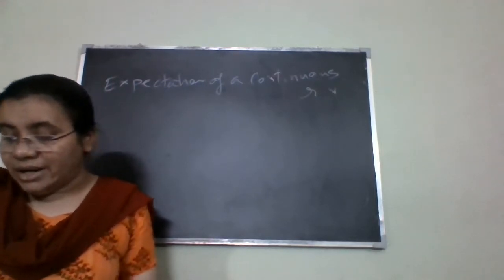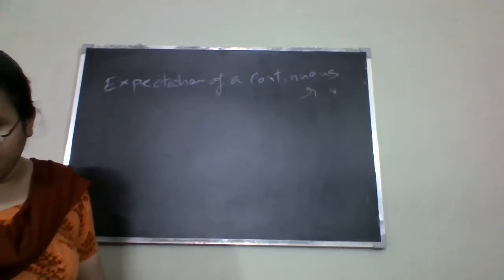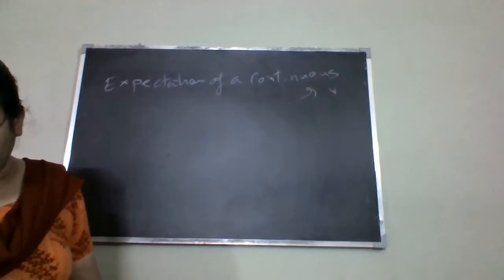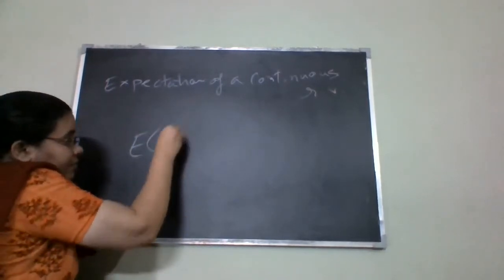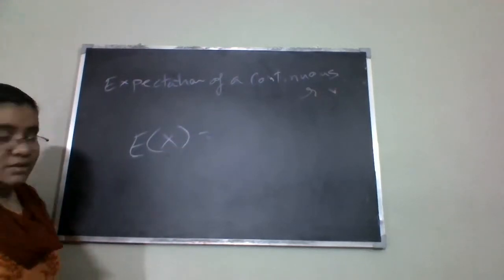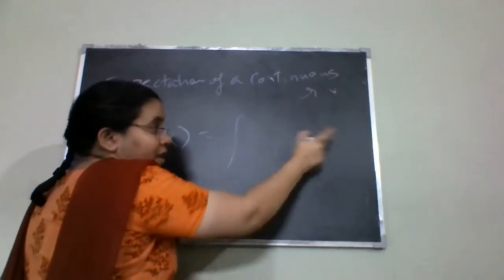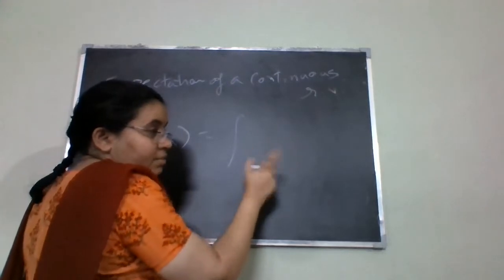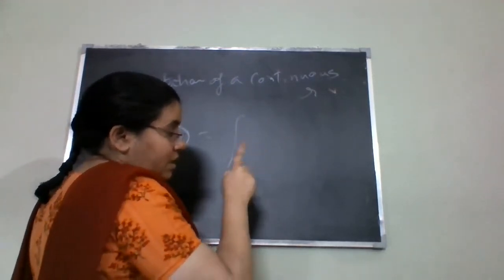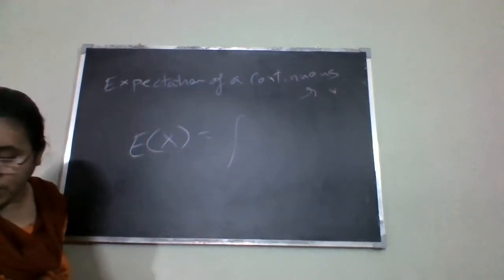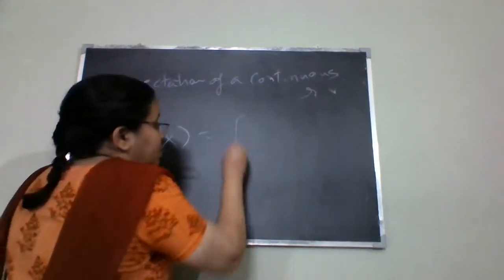So for a continuous random variable capital X with probability density function f(x), the mean or expectation is defined as E(X) equal to, see there is a slight difference: instead of adding the values and multiplying the point with the probability mass function, we now use this notation, integration from minus infinity to plus infinity.